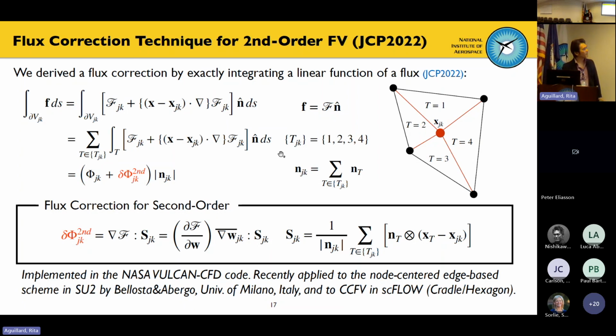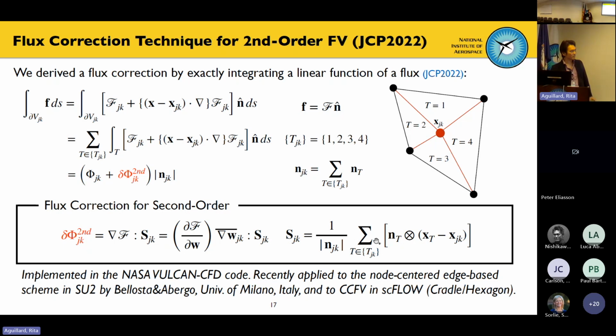And so that's why I have a summation over the four triangles. And then I can arrange the result in terms of a numerical flux at the center, and then the correction term. This correction term is a double dot product of the flux gradient and this tensor. It's a geometric matrix defined by this, the sum over four triangles.